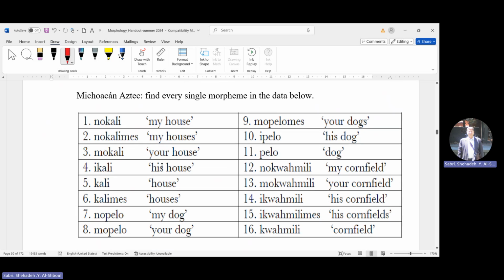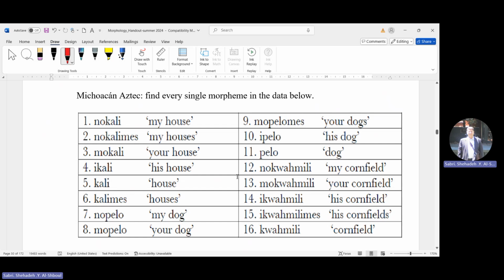Okay, now let's move to Michoacan Aztec, which is a kind of Mayan language spoken in Mexico. Here in this language, dear students, we should look into how the data works.